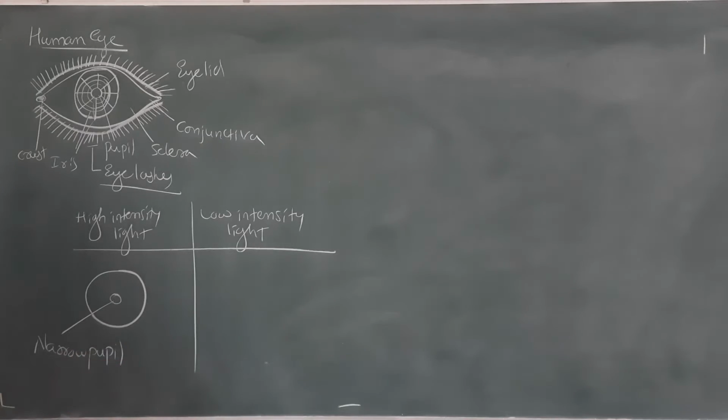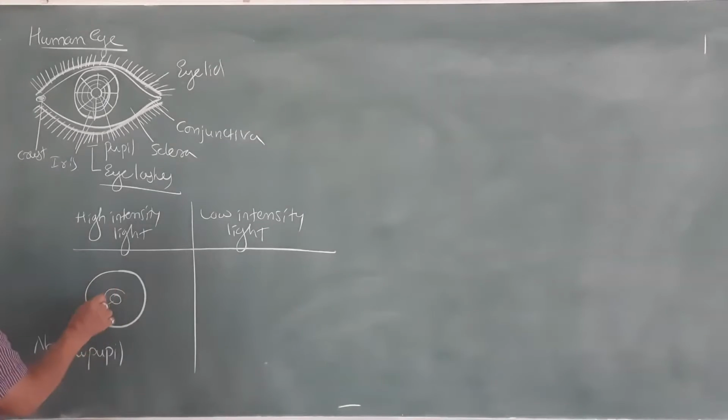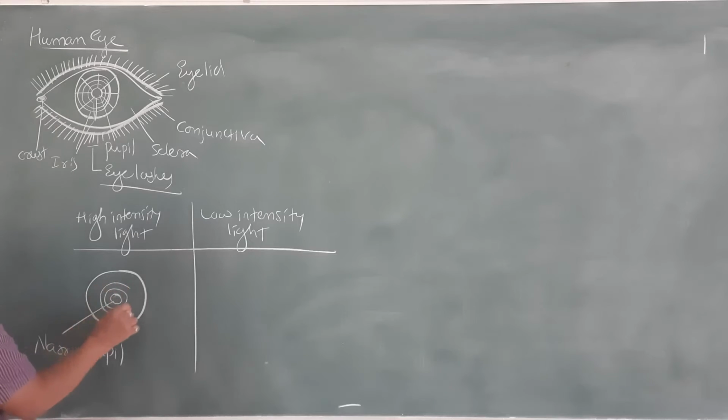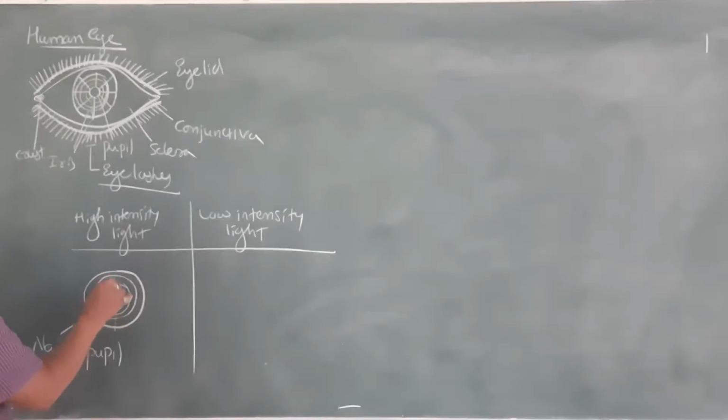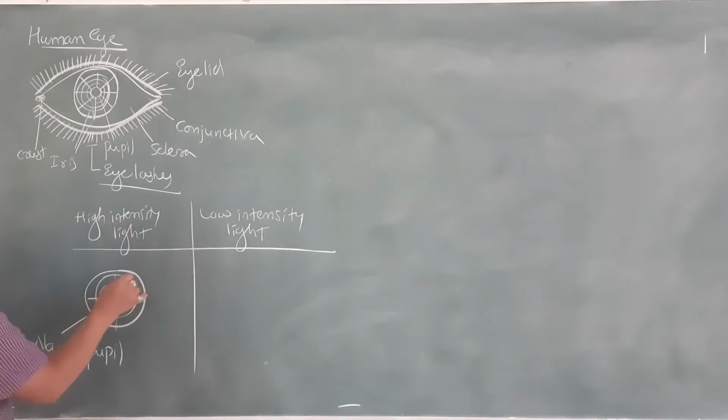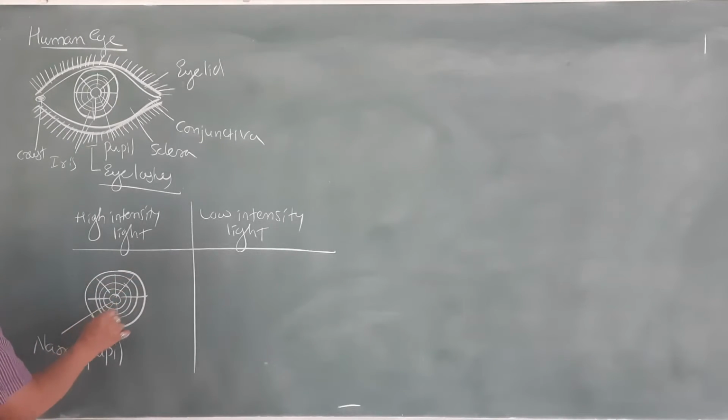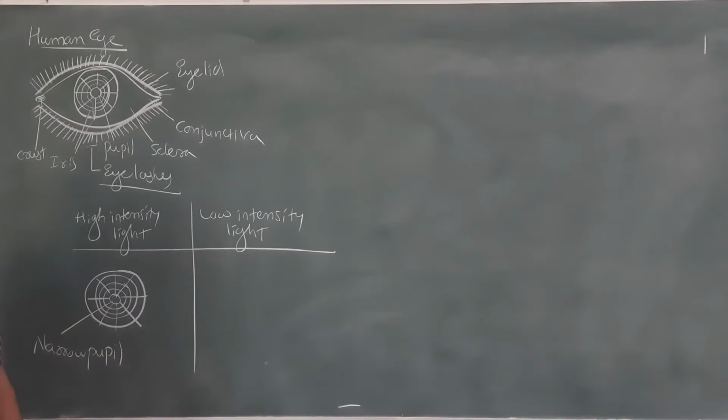It becomes a narrow pupil, and here we find the circular muscles contracting and the longitudinal muscles relaxing. This is the condition during high intensity light.